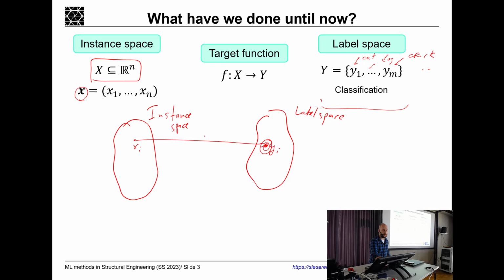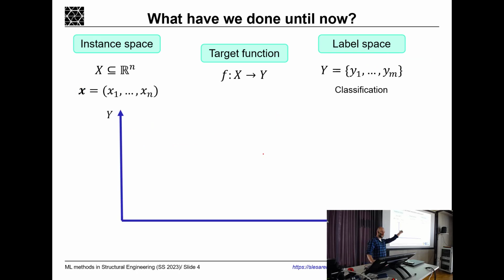So we have a target function that is noisy, and we may be looking in the vicinity of this point yi. Is it clear? Basically, it's a very basic idea. We have this instance space where our objects live, and we have a label space, and we would like to match them. However, we can also do it from a probabilistic point of view.